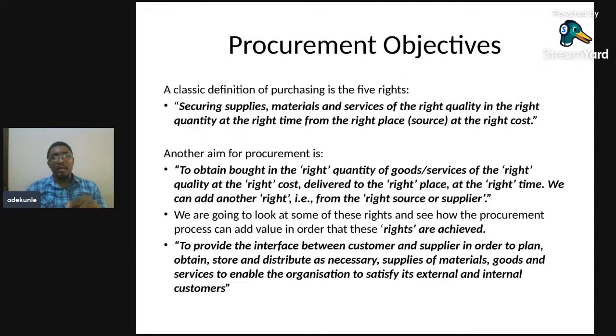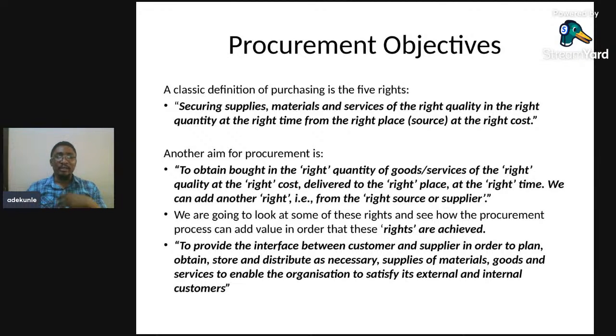Another aim in terms of the procurement objective is to buy goods in the right quantity, of the right quality, at the right cost, delivered to the right place at the right time. And we can have another right, the right source or right supply.